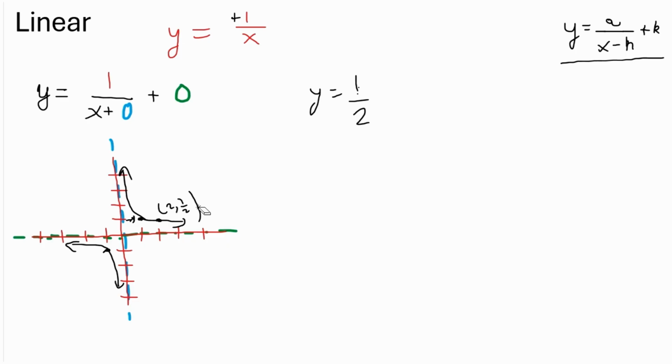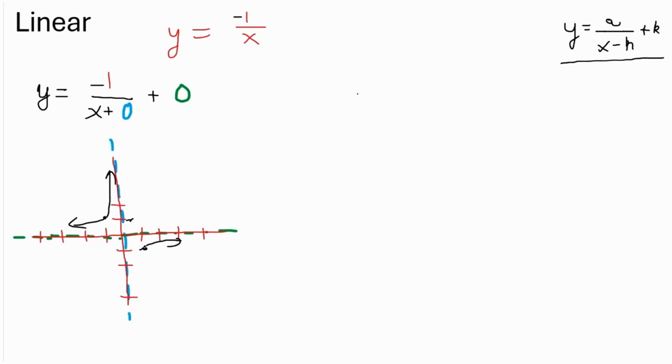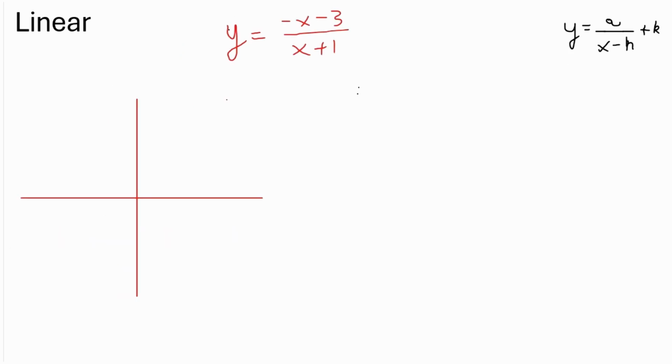And if this right here was a negative, you know how we always go right and left one. Well, now instead of going up, we go down one on the right side and the other way on the left side. So now our graph looks like this. The a value just tells us how much up or down to go on the right side, and the other way on the left side.